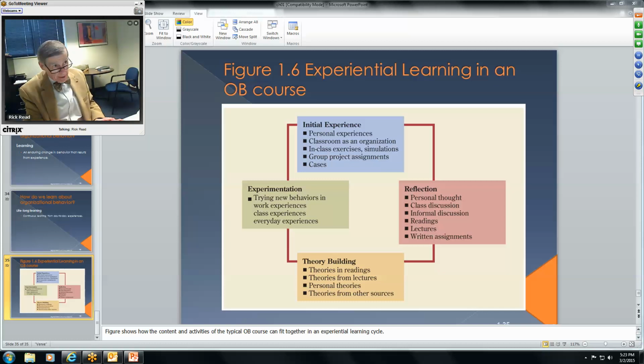Theory building would come from formation of abstract concepts and generalizations. Kolb says that it's creation of concepts that integrate the student's observations into logically sound theories. And that comes back to testing implementations or experimentation, using these theories to make decisions and solve problems.